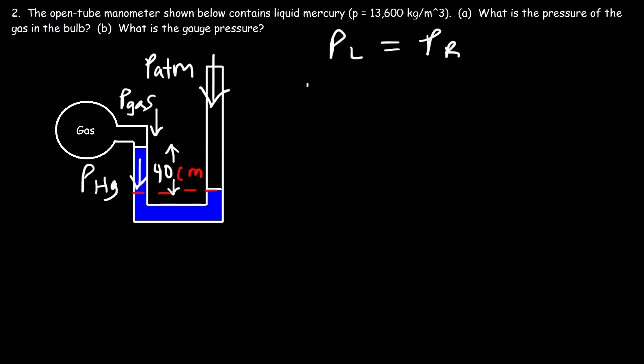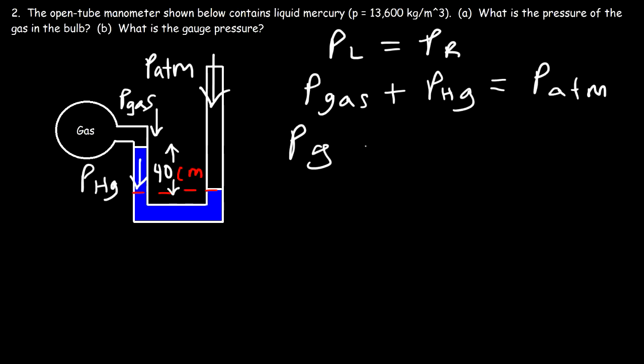So on the left side, we have the pressure due to the gas and the pressure due to the weight of mercury, which is basically the gauge pressure. And that's going to equal the atmospheric pressure. So this time, the pressure of the gas is the difference between the atmospheric pressure and the gauge pressure, or the pressure due to the weight of the mercury column.